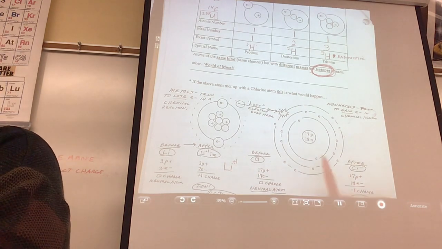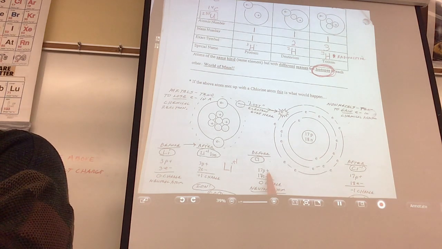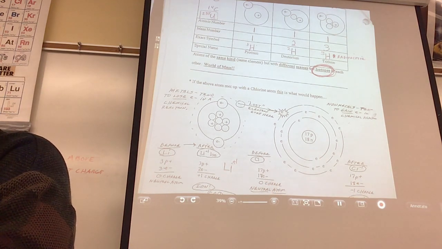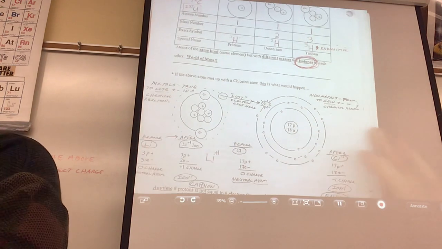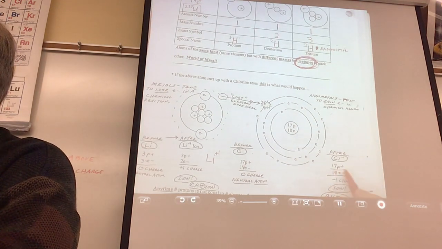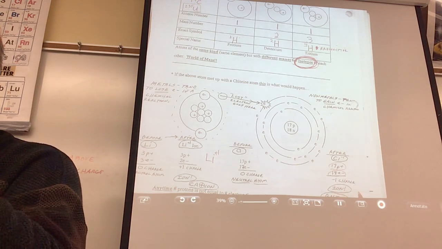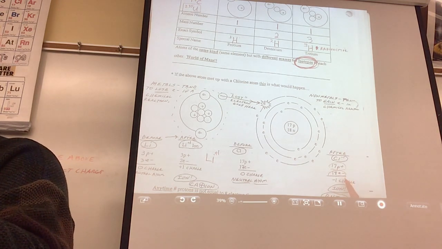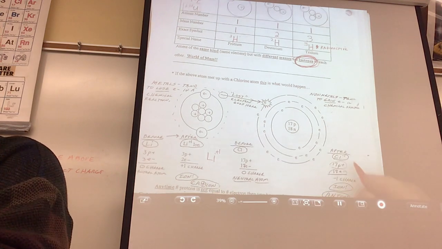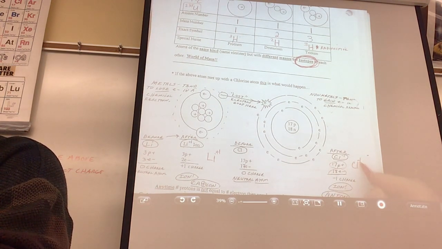Now, look over here, chlorine. Chlorine had 17 protons, 17 electrons, but what did he do? He gained an electron. Look at the numbers. Now I have 17 protons, and now I have 18 electrons. What's positive 17 and negative 18? What does that give you? Does everybody understand that? That gives you negative 1, right?